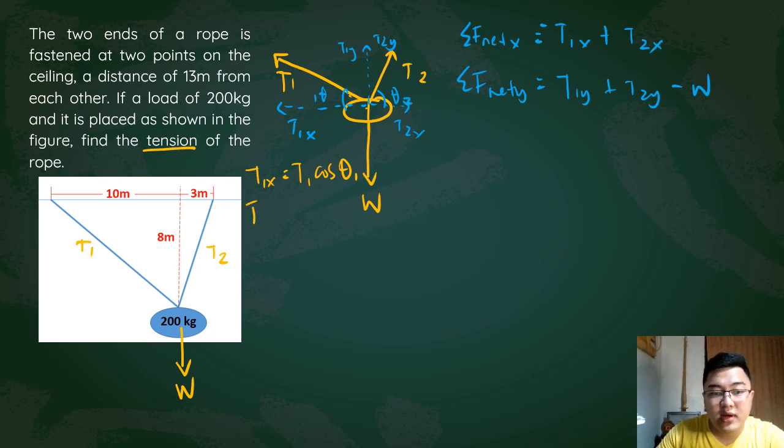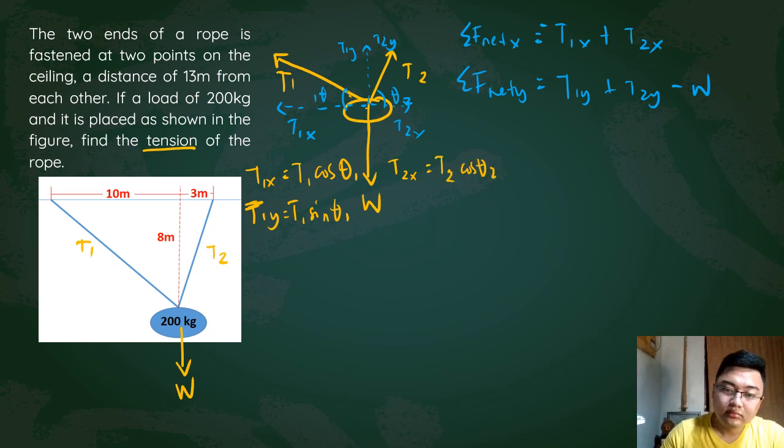And your T1y here will be equal to T1 sine theta 1. On the other side, your T2x should be equal to T2 cosine theta 2, and your T2y should be equal to T2 sine theta 2.